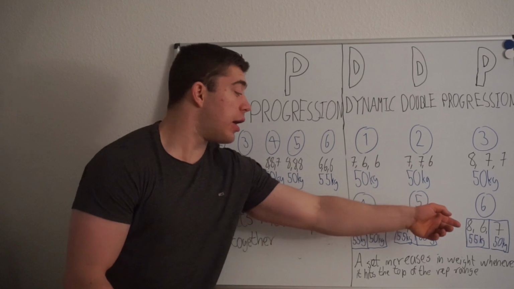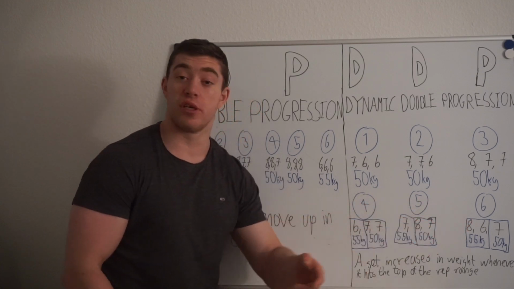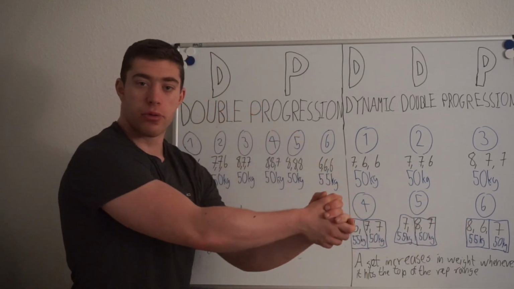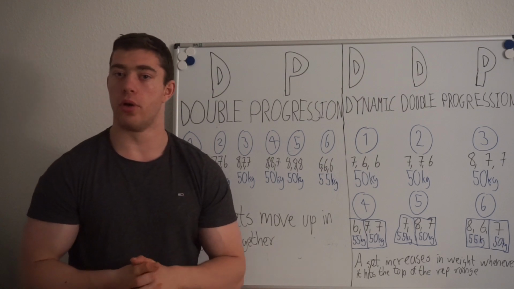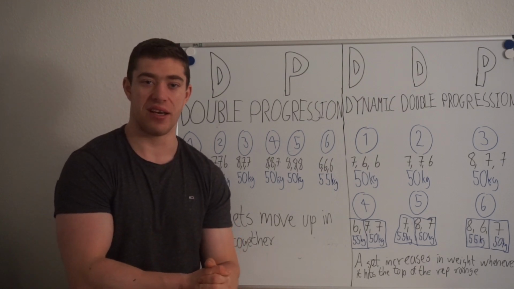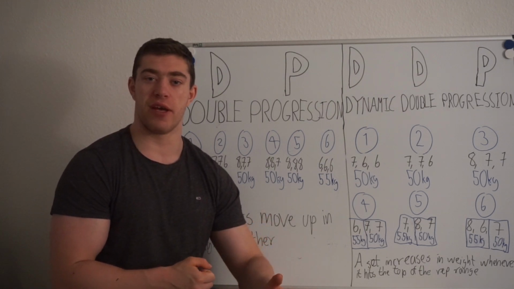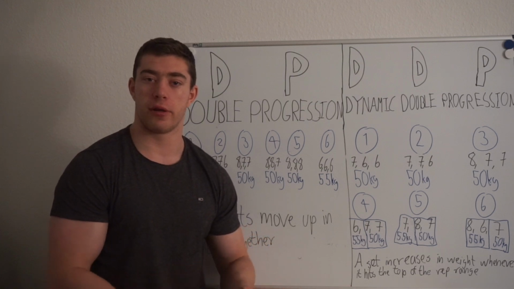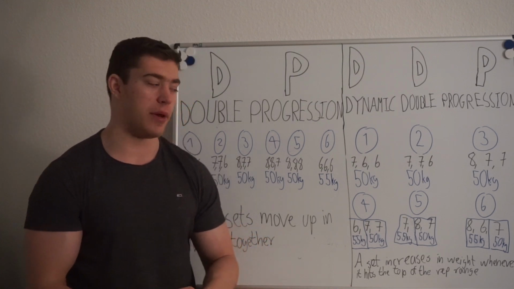So we got 8 reps in the first set, which means actually in the 7th week, the first set is going to be 60 kg, the second set is 55 kg, and the last set is going to be 50 kg.